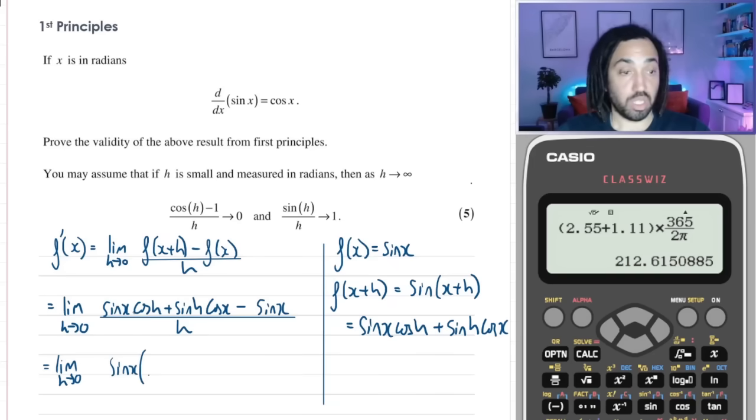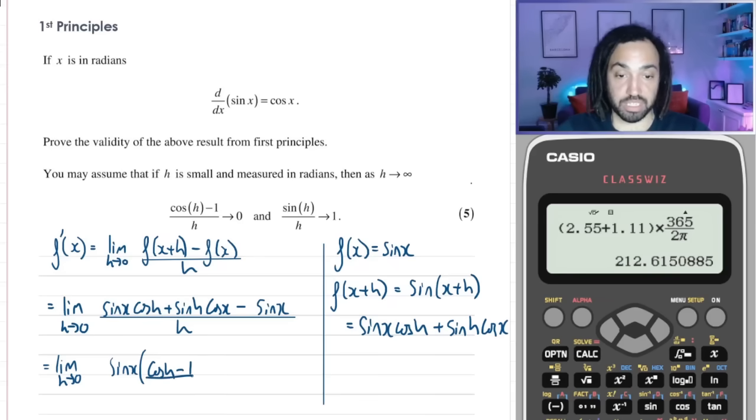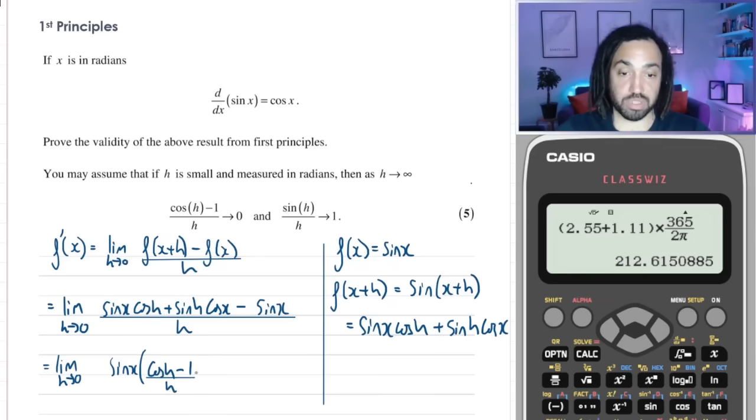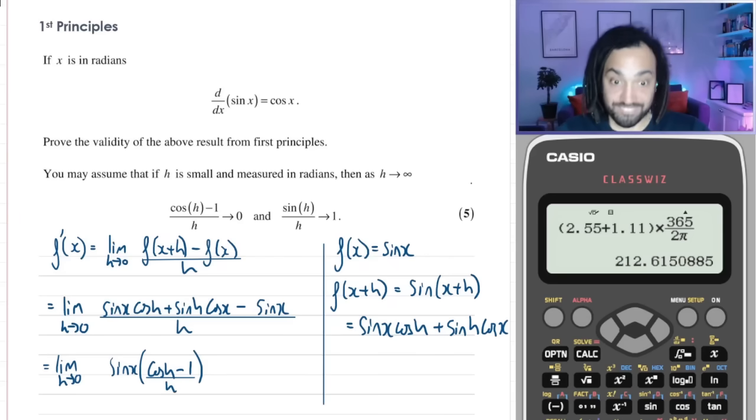Well, we've got cos h of 1 here. This one doesn't have a sine x in, but this is a sine x, and it's minus one of those. And then we can divide that all by h, because the whole numerator is divided by h, so we can just put the h here, and this would be true.